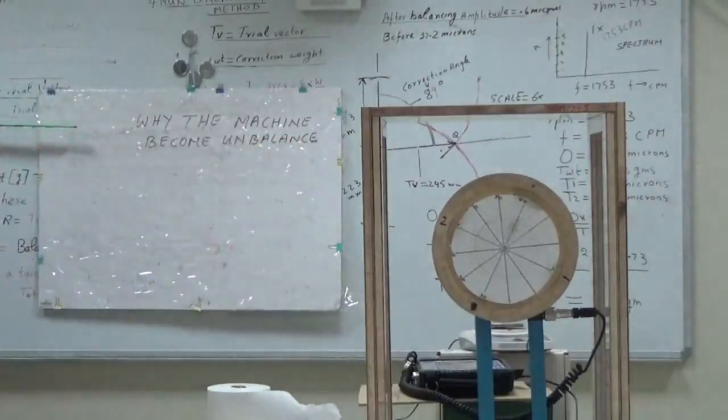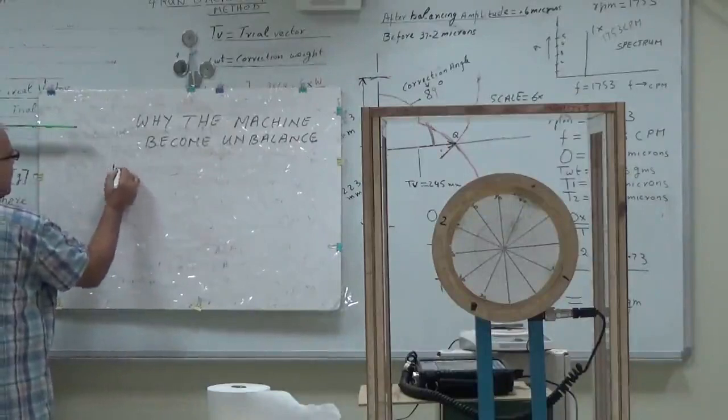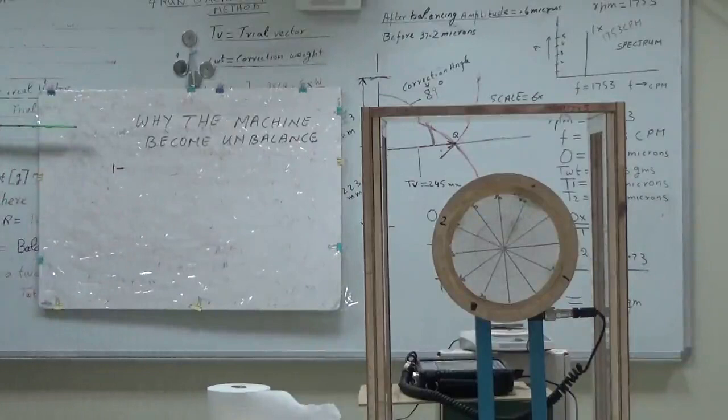Why does the machine become unbalanced? Number one reason is that after the machine has been running for some time, there can be a deposit of sand or dirt on the rotor.